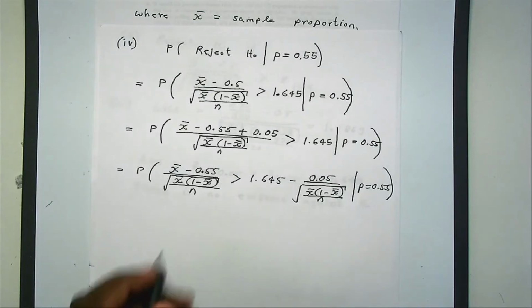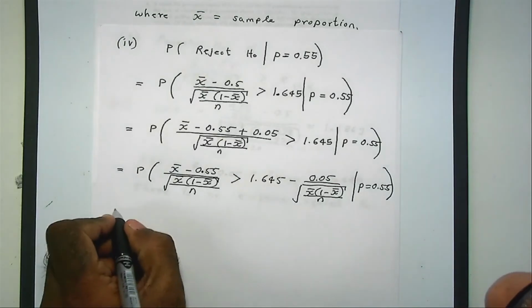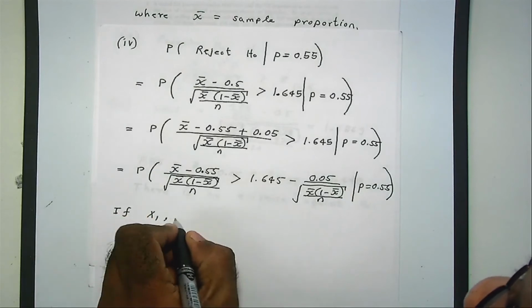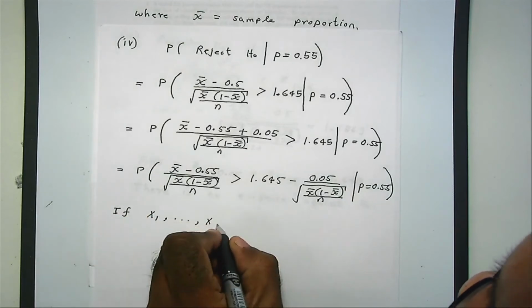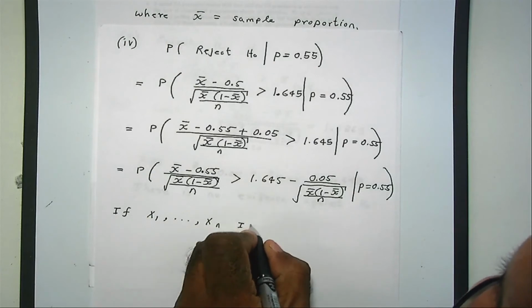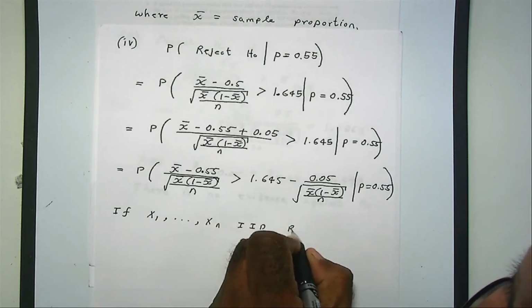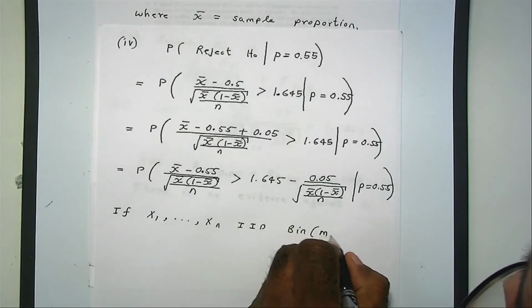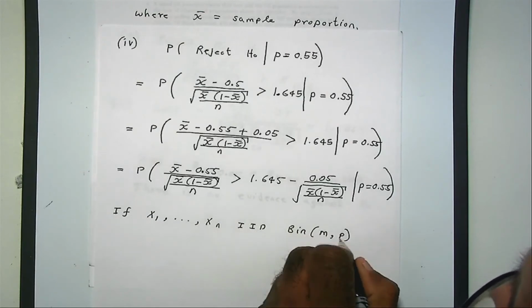It says the following: if you have a sample X1 to Xn IID from a binomial distribution with parameters m and p, right?